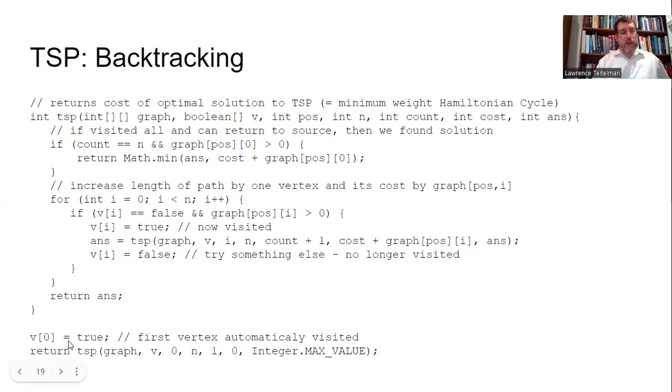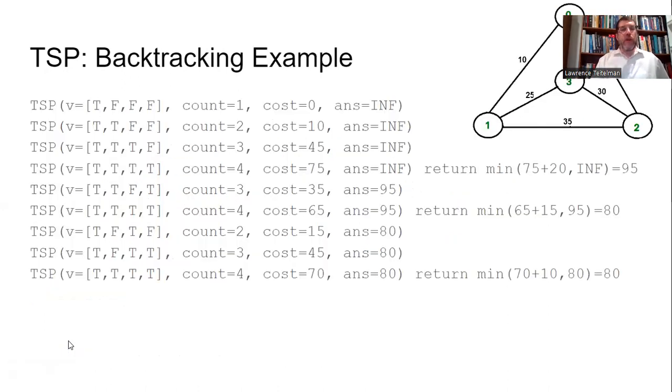So this code here is for the calling of it. So here's an example, all right? What I did is I just showed you basically the function arguments over time, okay? So what does this represent here? This represents which things have been visited, okay? And you can see what's going on. It also tells you the cost of the path.